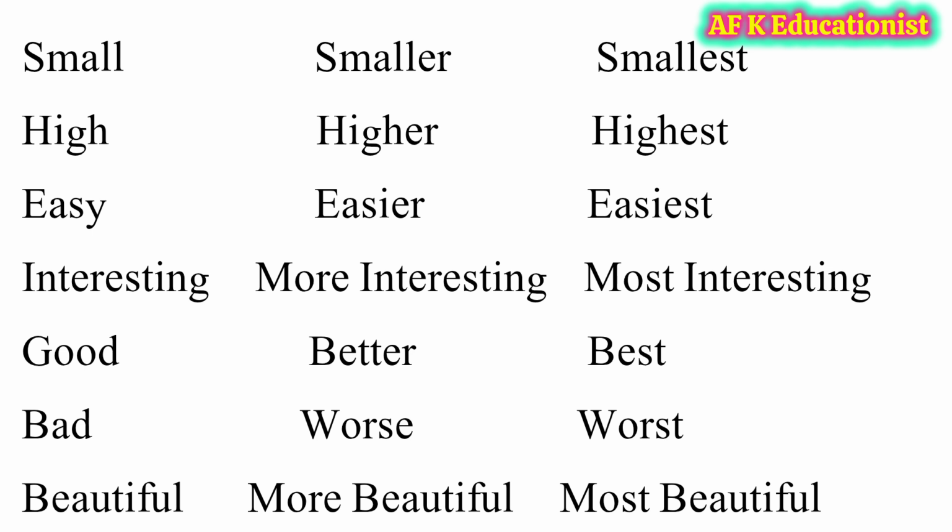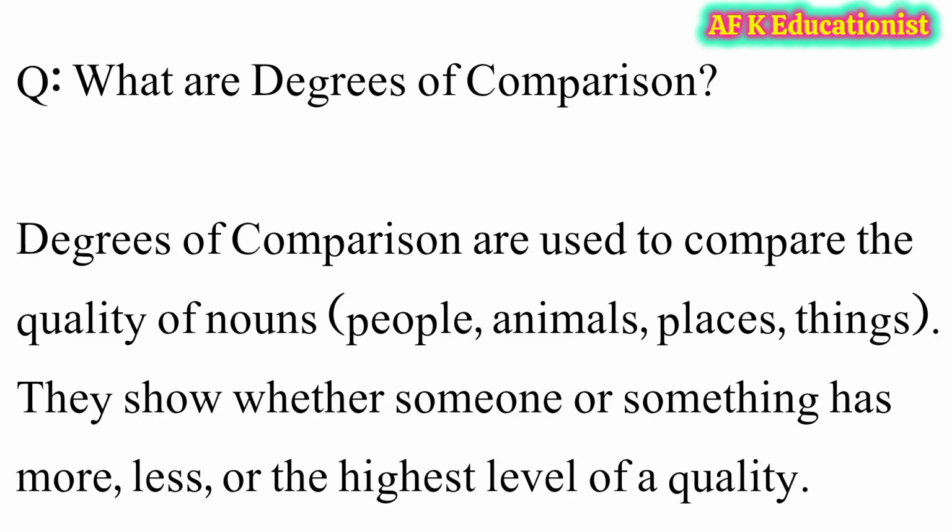It is one of the most important grammar topics because we use it every day to compare people, animals, places, and things. Let's start. What are degrees of comparison? Degrees of comparison are used to compare the quality of nouns, people, animals, places, or things.